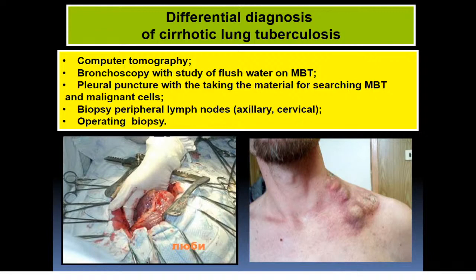If we find Mycobacterium tuberculosis, we can confirm TB etiology. Next method, pleural puncture with taking the material for culturing Mycobacterium tuberculosis and for malignant, atypical cells. And next method, biopsy of peripheral lymph nodes. We can investigate axillary and cervical enlarged lymph nodes.